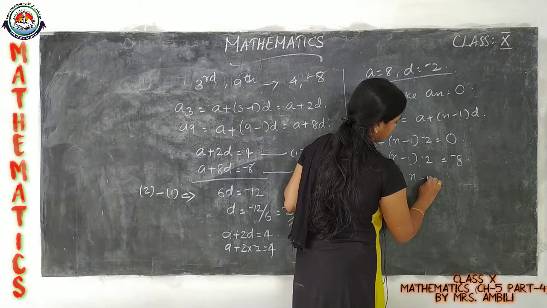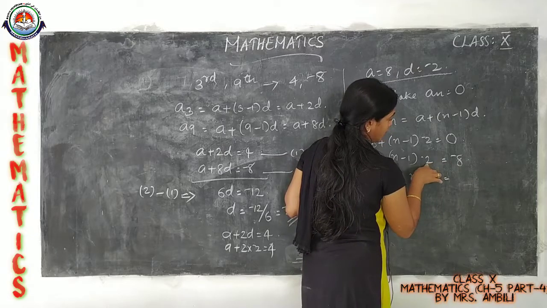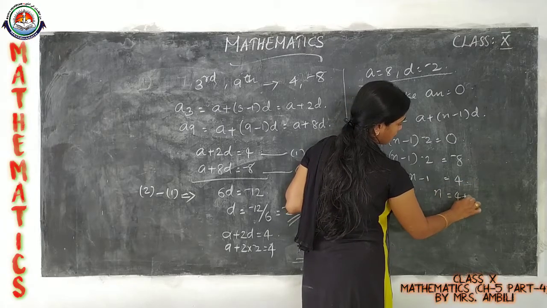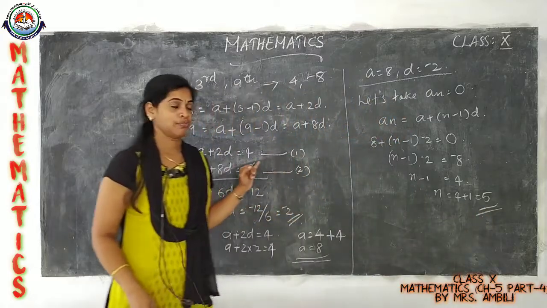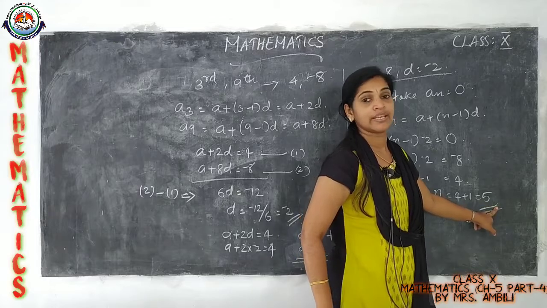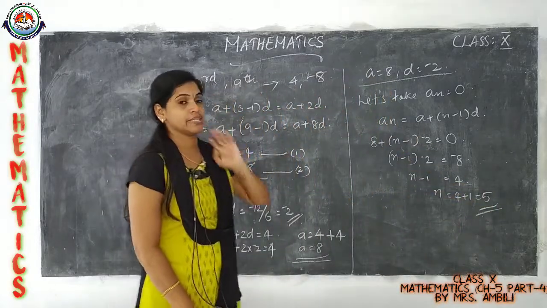So n minus 1 equal to minus 8 by minus 2, that is 4. n equal to 4 plus 1 equal to 5. So we got the number of terms, that is n equal to 5. So we can say that the fifth term of this given AP is 0.